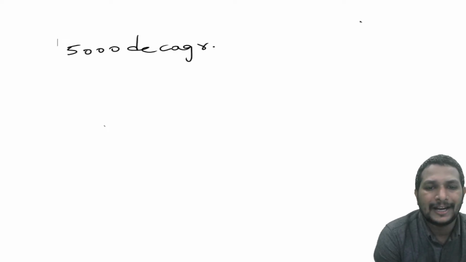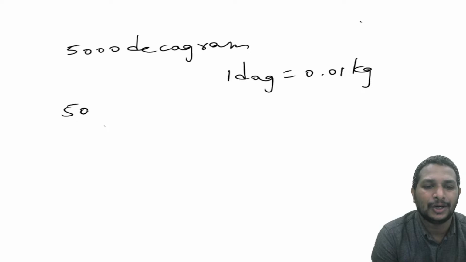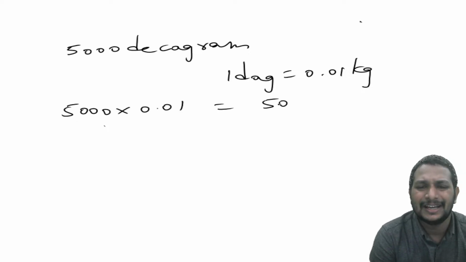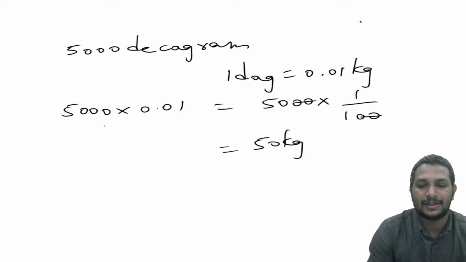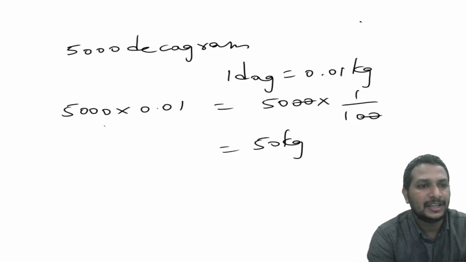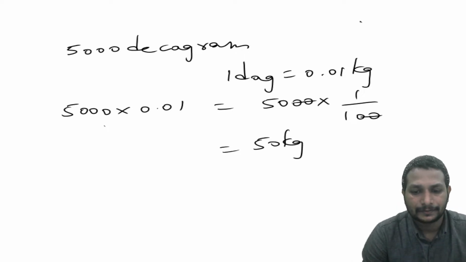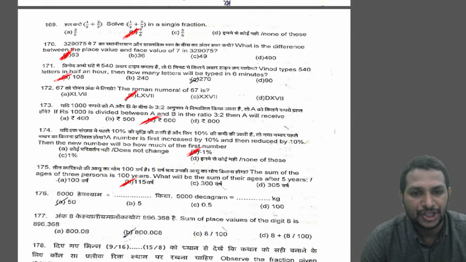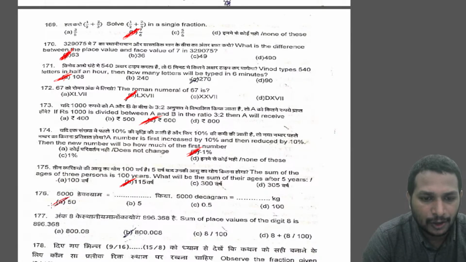As we know, 1 decagram equals 0.01 kilograms. 5000 into 0.01. As we can convert this decimal into a fraction, 1 by 100, 2 zeros will be gone. So the answer is 50 kilograms, which is nothing but option A.